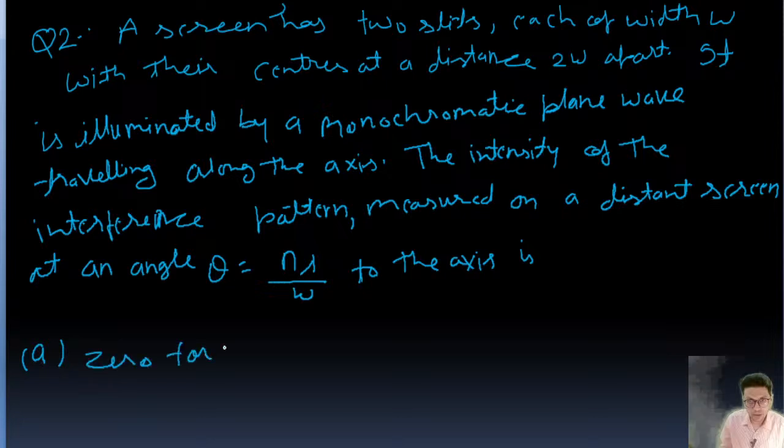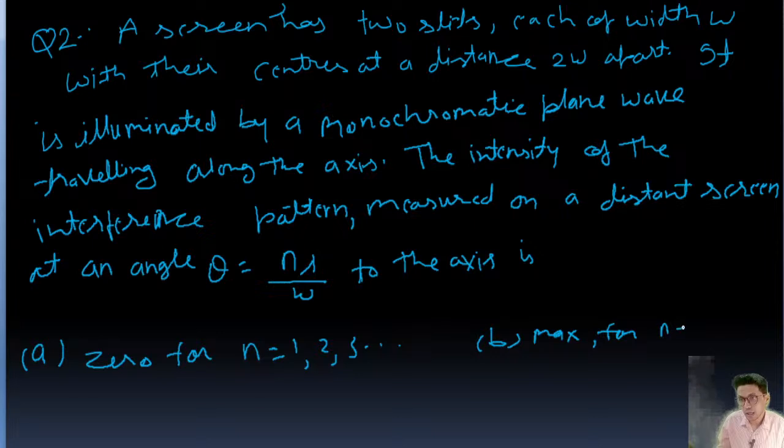Option A is 0 for n equal to 1, 2, 3 and so on. Option B is maximum for n equal to 1, 2, 3 and so on.